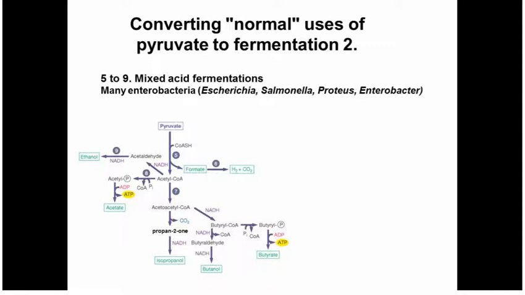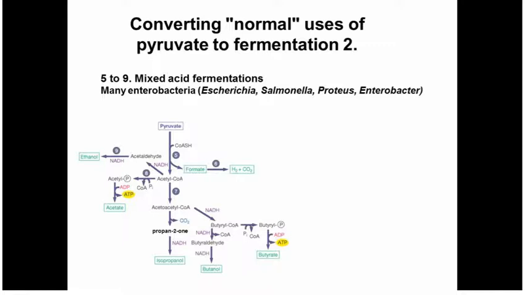So if bacteria have got oxygen, not a problem. This is going to be oxidized by respiration, fine. If they don't have oxygen anymore, they want to get rid of the electrons on NADH by putting them onto some kind of pyruvate derivative.